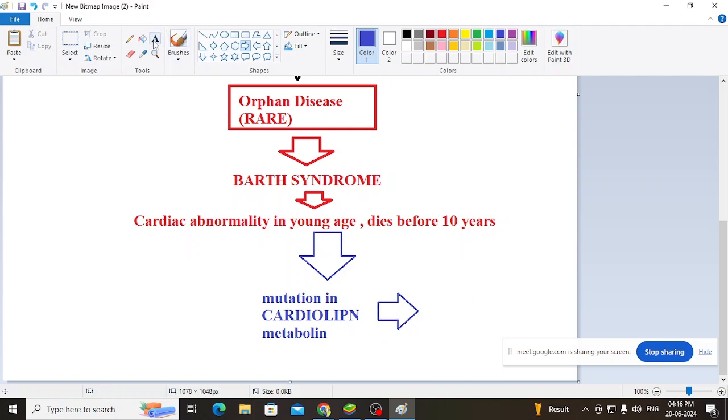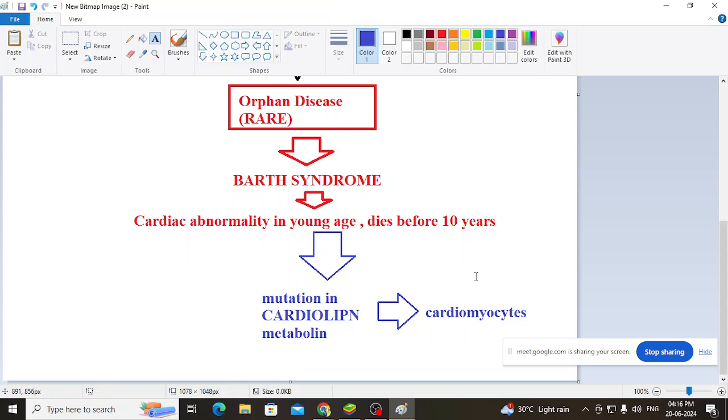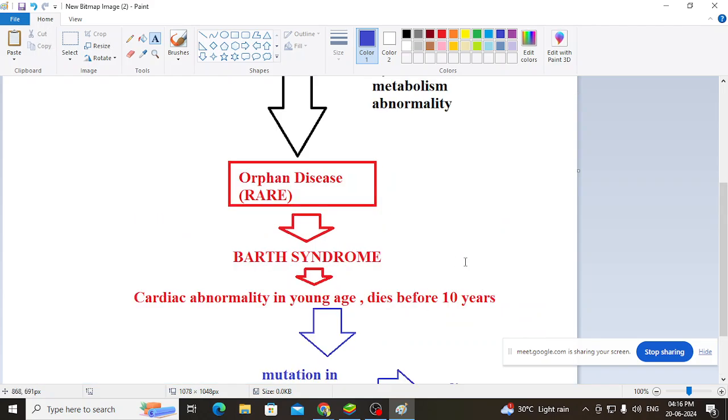In heart muscles, or cardiomyocytes. This particular lipid is present in cardiomyocytes. Due to the abnormality of the production of this cardiolipin, this genetic disease occurs.